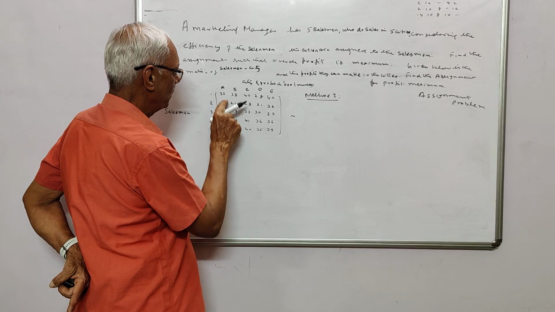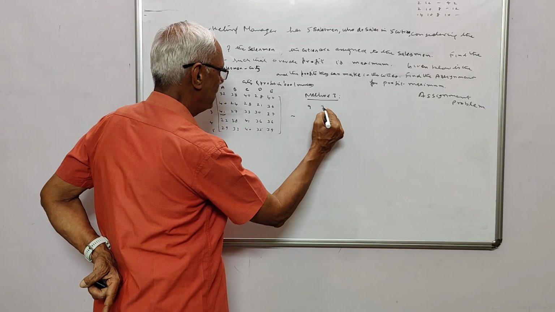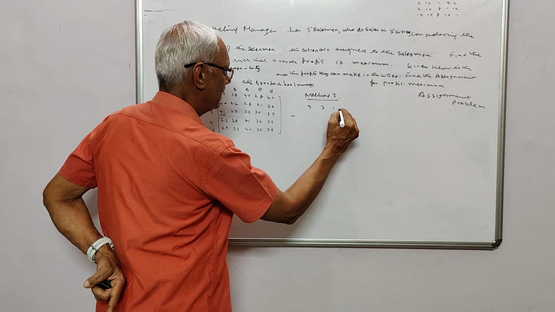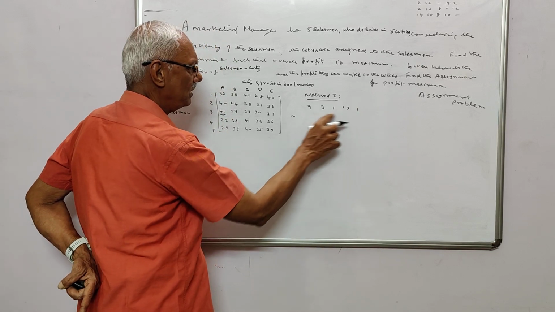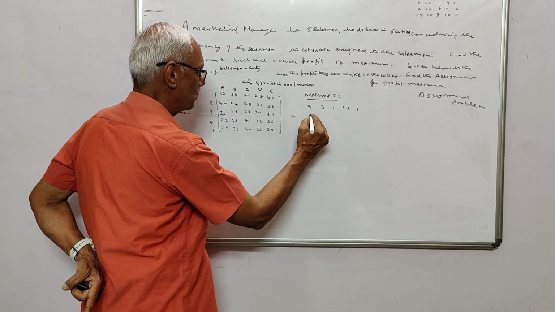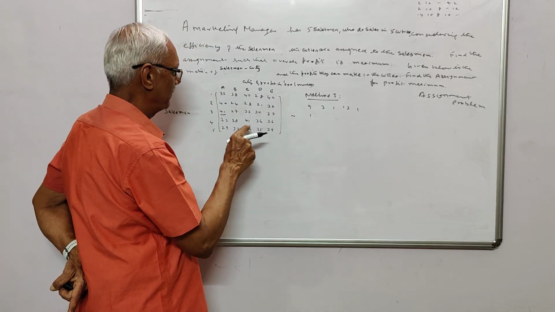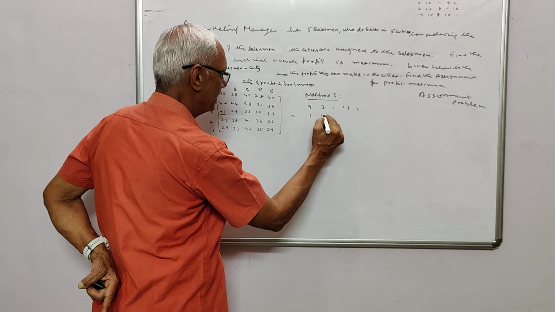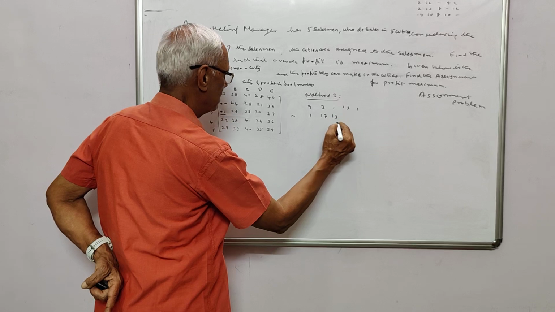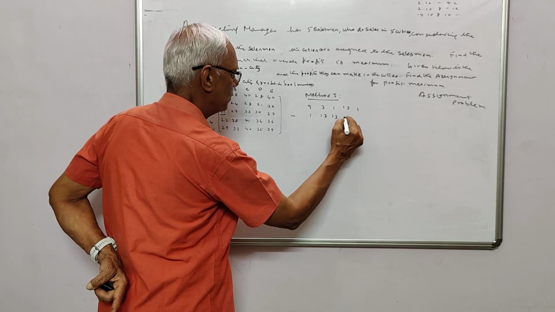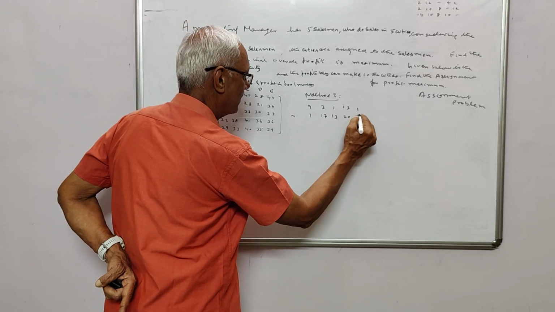Subtract from 41: 41 minus 32 is 9, and it is 3, and it is 1, and it is 13, and it is 1. This is my first row. The next one is 41 minus all the elements. So it is 1, it is 17, and it is 13, and it is 20, and it is 5.